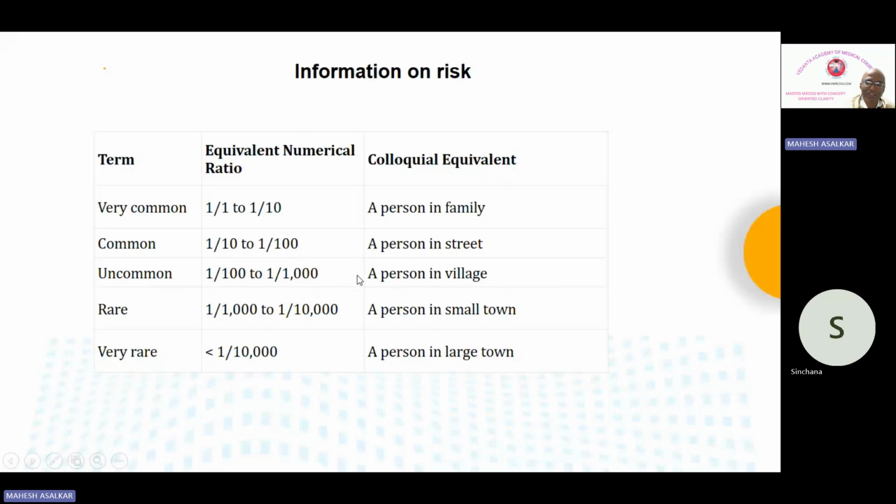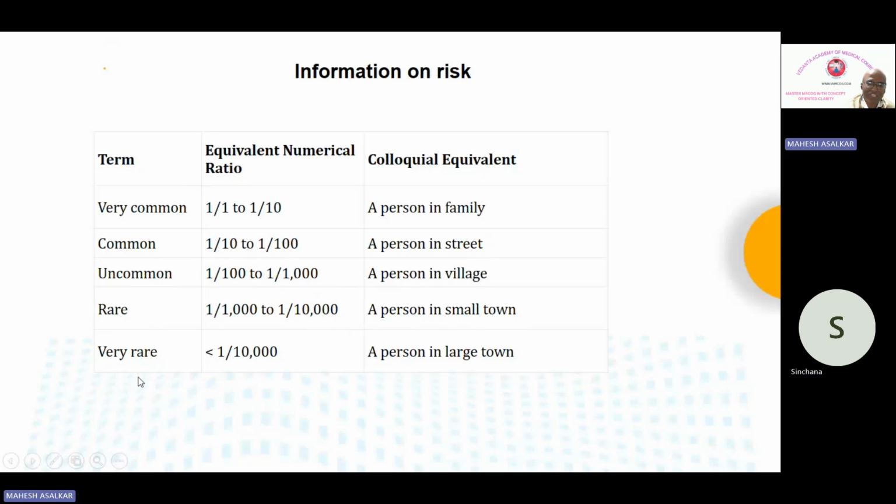The colloquial equivalent is a person in the village. Then a rare risk is 1 in 1000 to 1 in 10,000. That is, a person in a small town is likely to have this particular risk. And when we say very rare, that means the risk is less than 1 in 10,000. That is a person in the large town.